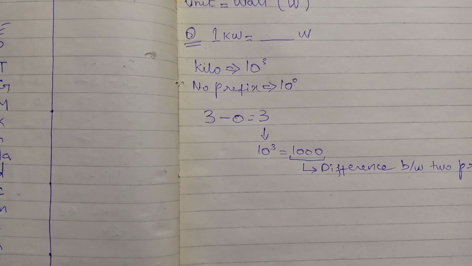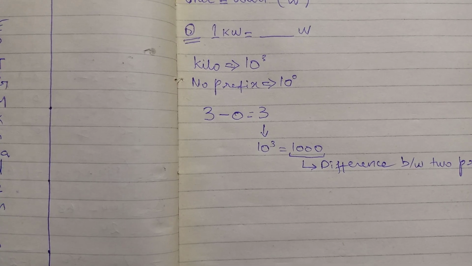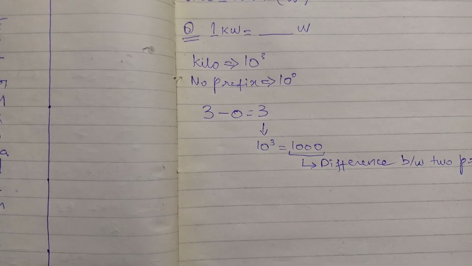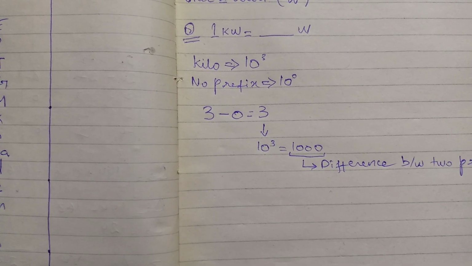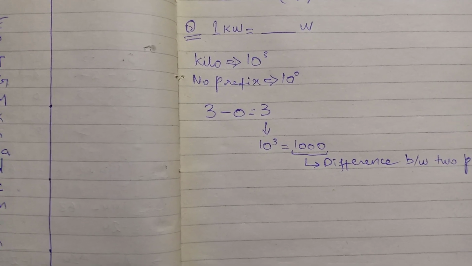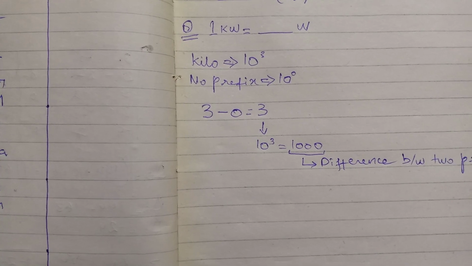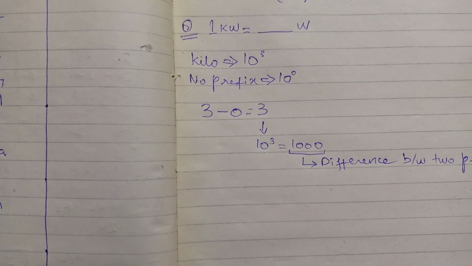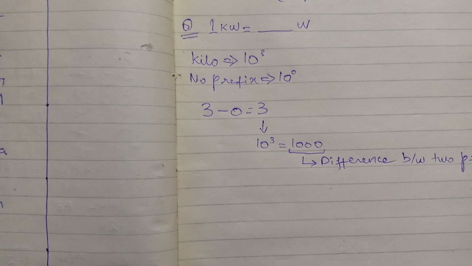Here in this question, we are converting kilo into watts, kilowatts into watts. Kilo is a higher prefix, is a higher value. Its multiplier is 10 raised to the power plus 3.